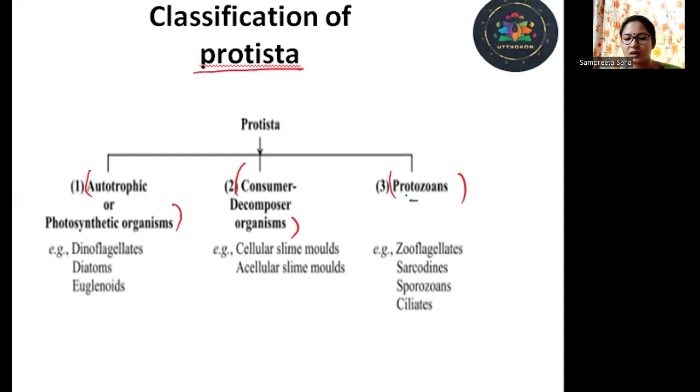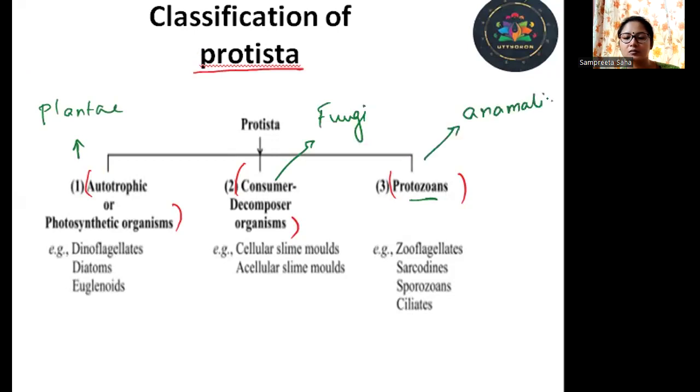And then we have the protozoans, which are usually heterotrophs. So we can easily say that this group gave rise to the plantae. This group gave rise to the fungi, and this group gave rise to animalia.